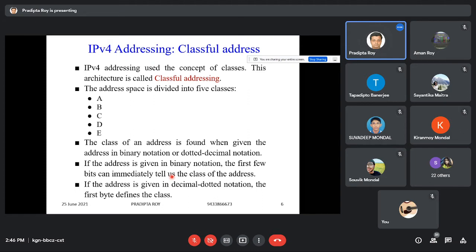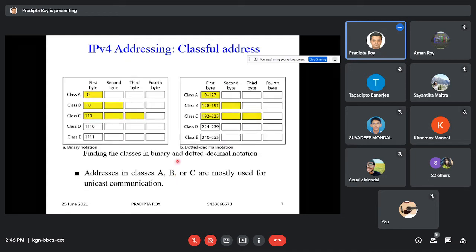But if the IP address is given in decimal dotted notation, then we need to inspect the first byte, convert it to the corresponding decimal value, and check in which range the decimal value lies. Then from that we can find the class of that IP address. So these are the examples.